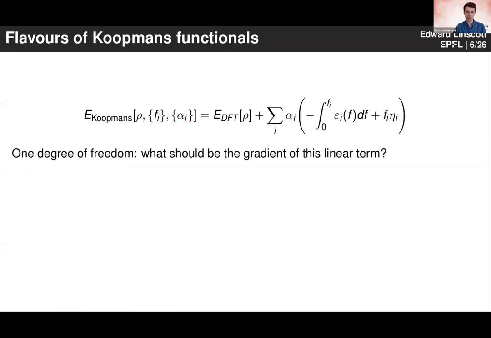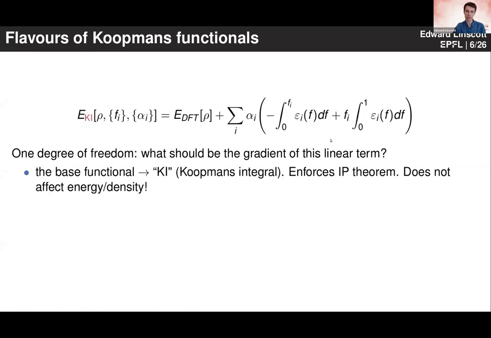Like I said, we've got this one degree of freedom: what should be the gradient of this linear term in our functional? We've got a couple of choices. The first choice, what we call the Koopmans integral approach, is that we choose this gradient such that it's the difference between the integer points on this curve, where the occupancy is 0 and the occupancy is 1.